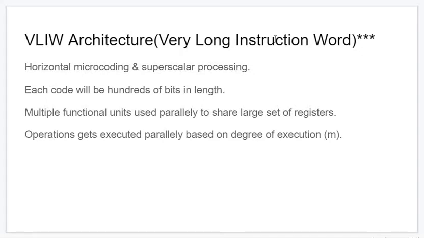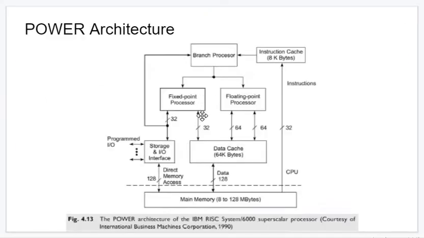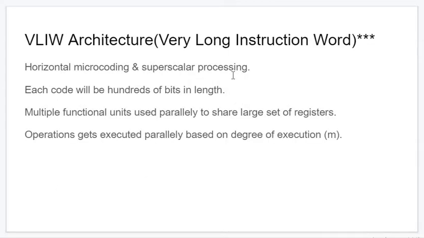The term long instruction is used because it is lengthier than the floating point processor. So where should we use such an architecture? When data is very long.